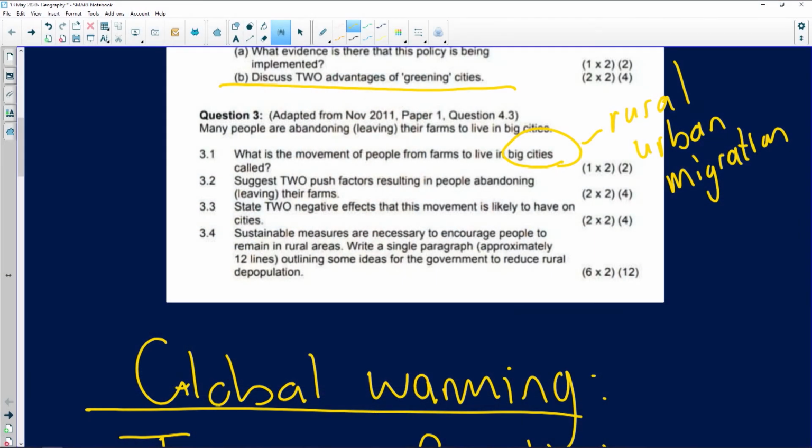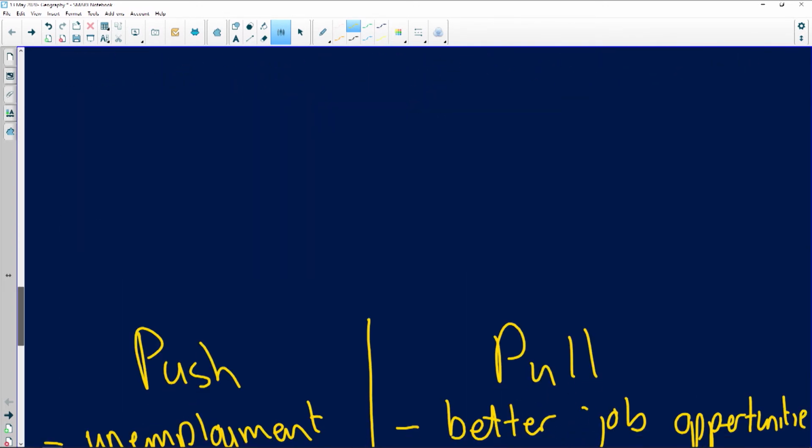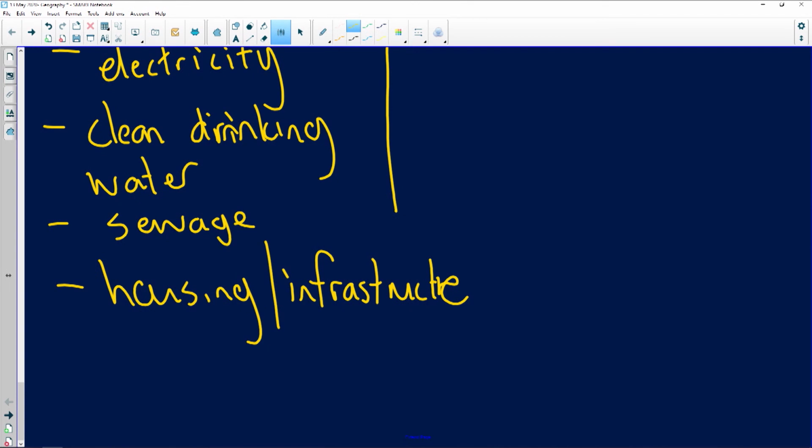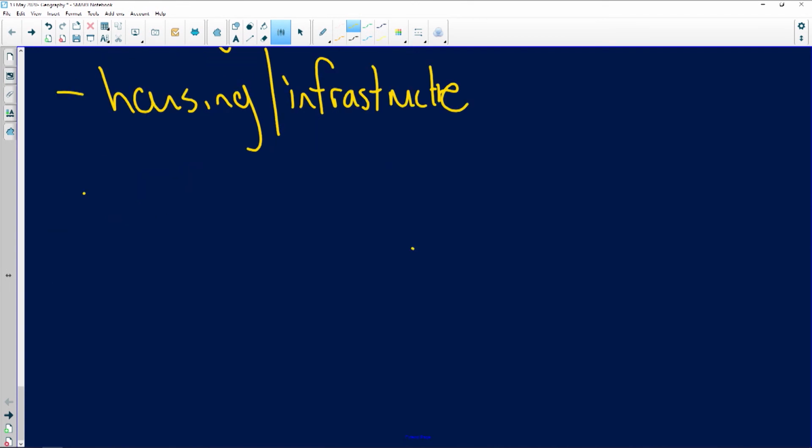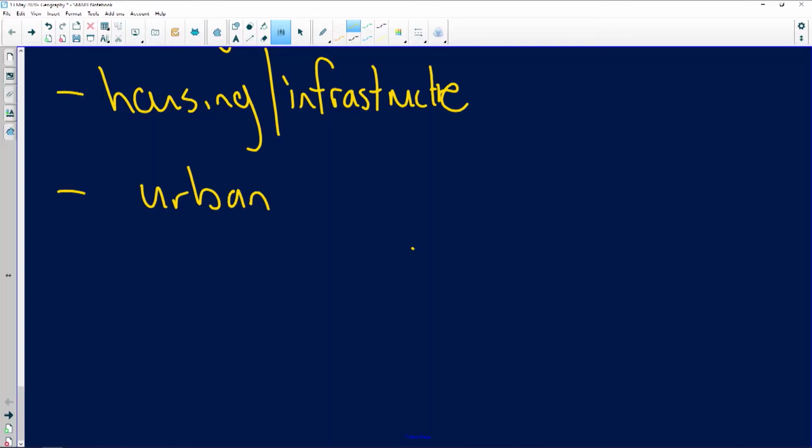If we look at question 3.3, state 2 negative effects that this movement is likely to have on cities. Now, our next questions that we're going to answer, I will go in a bit more detail to that. But with the influx of so many people moving from rural areas to urban areas, we experience urban sprawl. Now, what is urban sprawl? It's when urban area gets so much bigger, and it's not in a controlled environment.